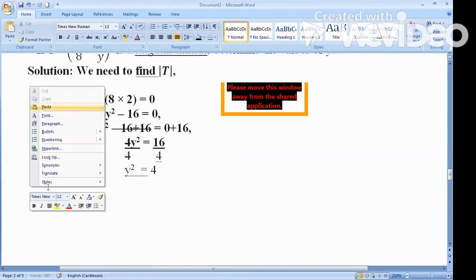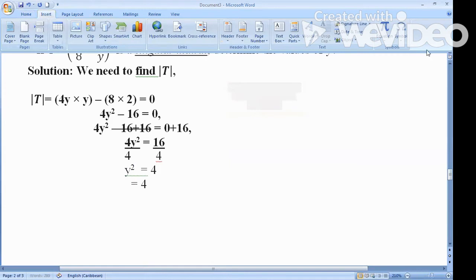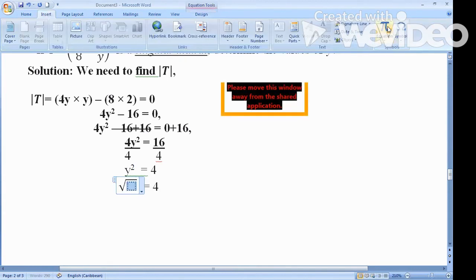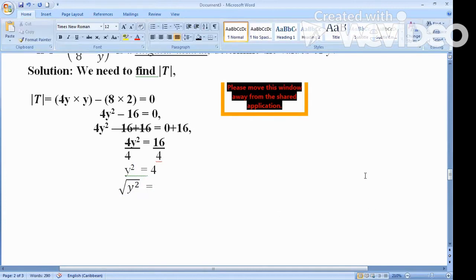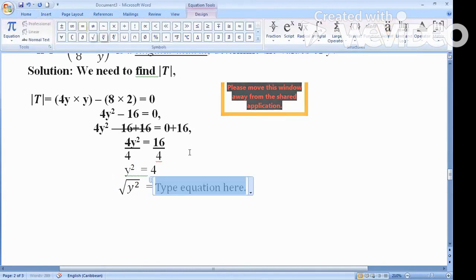Anybody else? So that's y square. And this is going to be plus or minus, not true?